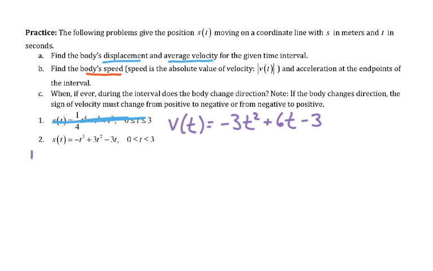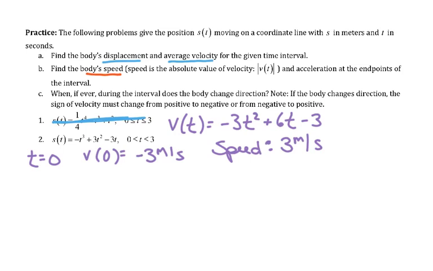So at t equals 0, my velocity will be negative 3 meters per second, meaning my speed is the absolute value of that, 3 meters per second.